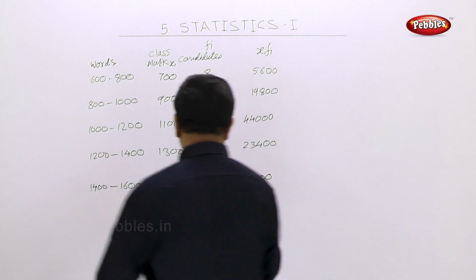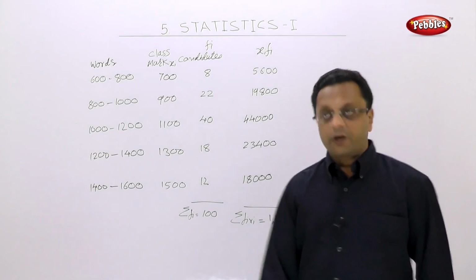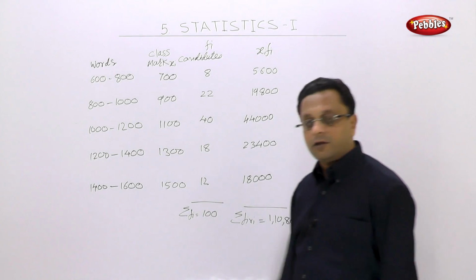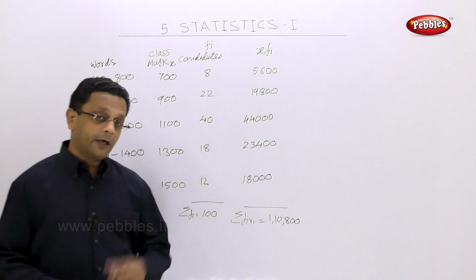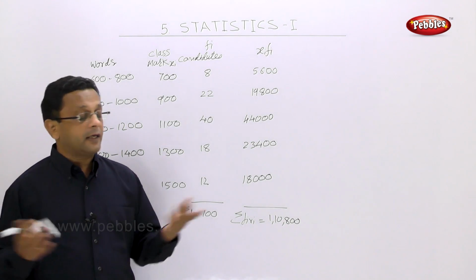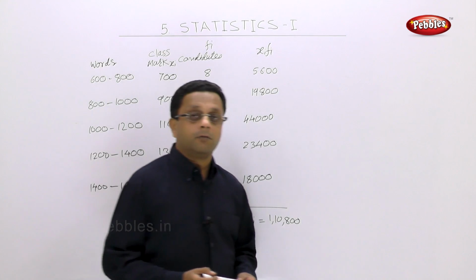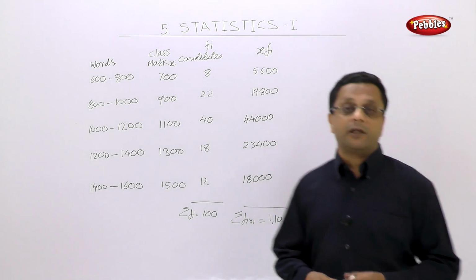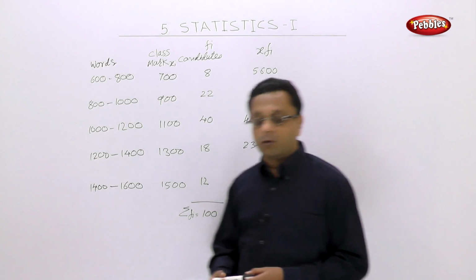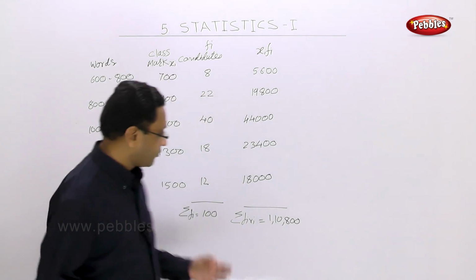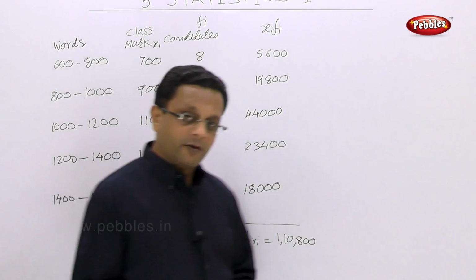Find it out quickly. Check your calculations. I have seen many students are very poor in arithmetic. They make simple, or I can say silly, mistakes in multiplication, division, addition and subtraction. So be sure, don't lose your marks unnecessarily here. Check your answers. The rest is very easy.